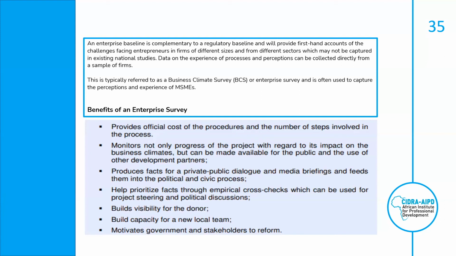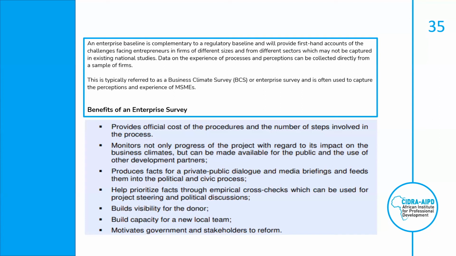Benefits of an enterprise survey: provides official cost of the procedure and the number of steps involved in the process, monitors not only progress of the project with regard to its impact on the business climate, but can be made available for the public and the use of other development partners.